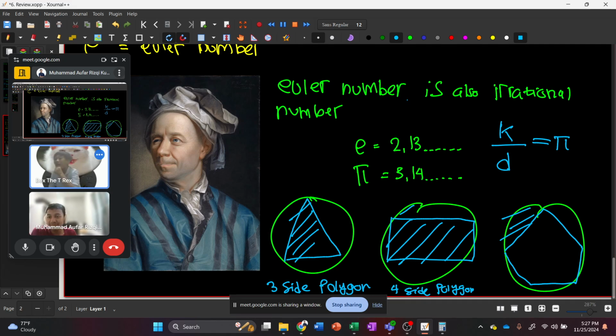Wait, how did they find out that it was equal to pi? Did they just go on for a long time? Well, it's research, guys.